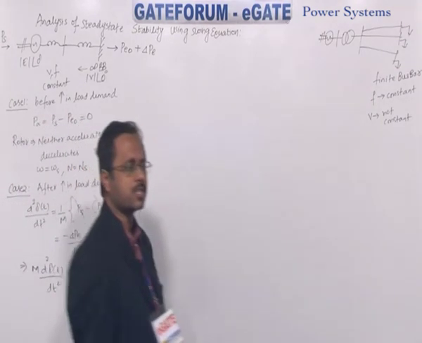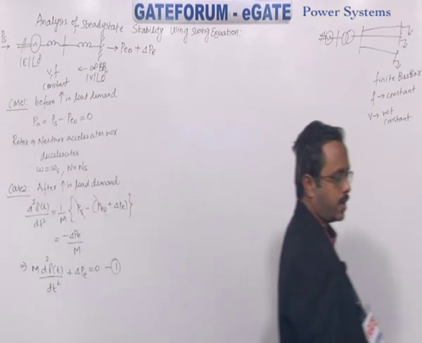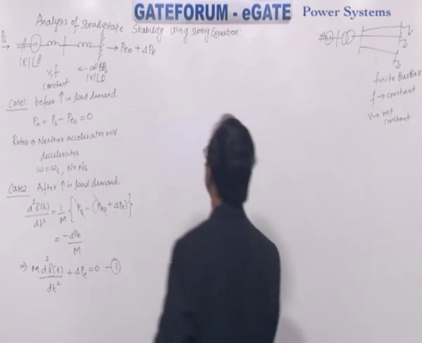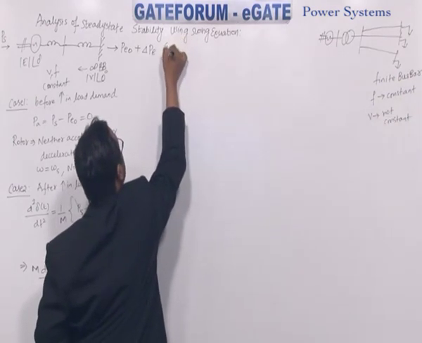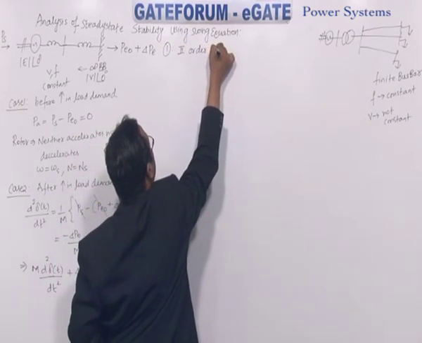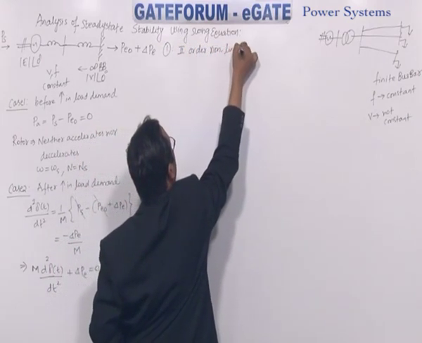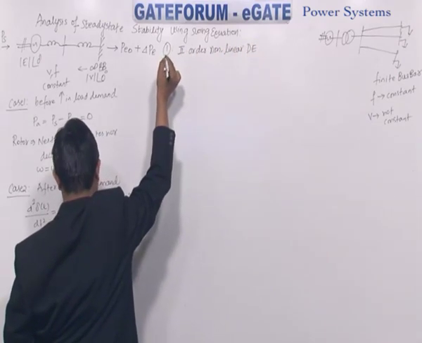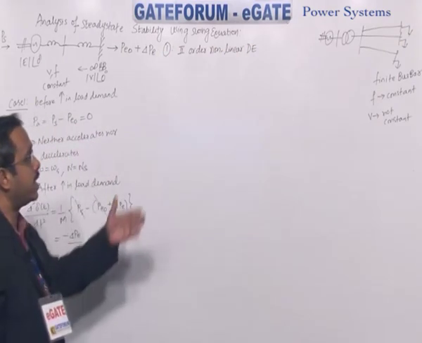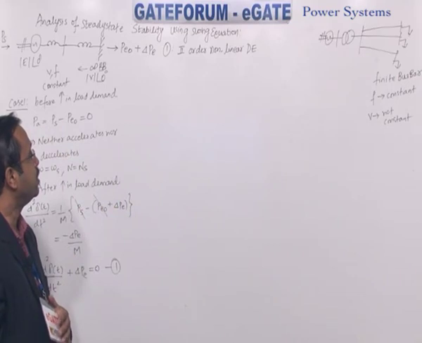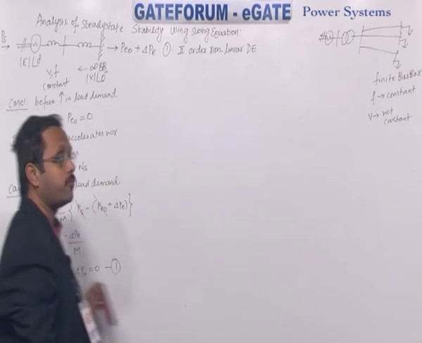So observe equation 1. It is a second order nonlinear differential equation. How do we convert it to a linear differential equation? Use Taylor series expansion.